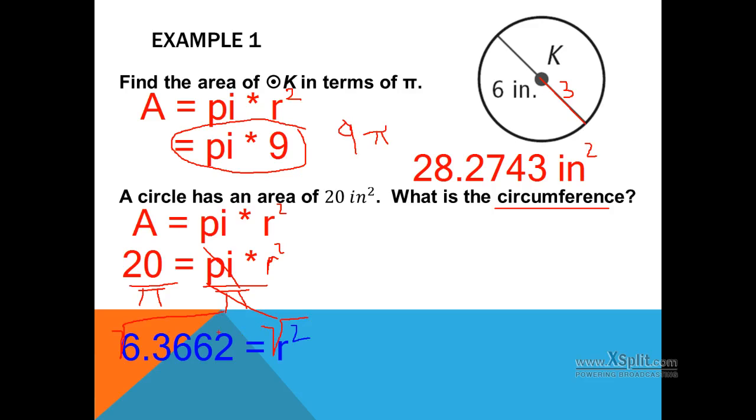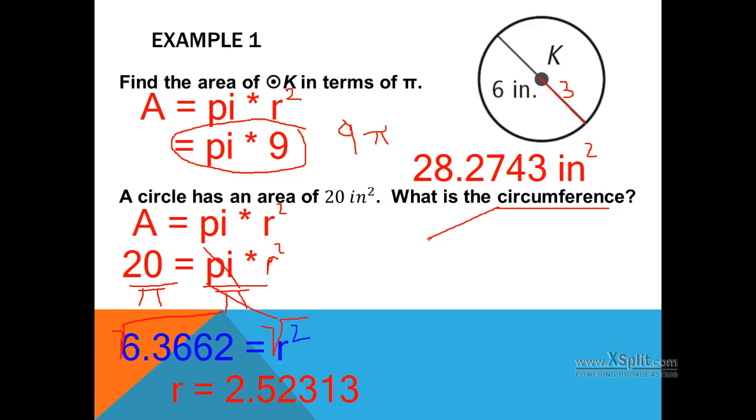Square root of 6.3662 into the calculator is going to give us 2.52 roughly. We're going to say our radius is approximately 2.52.